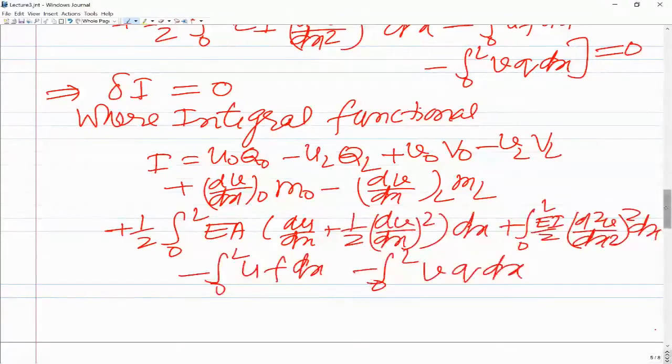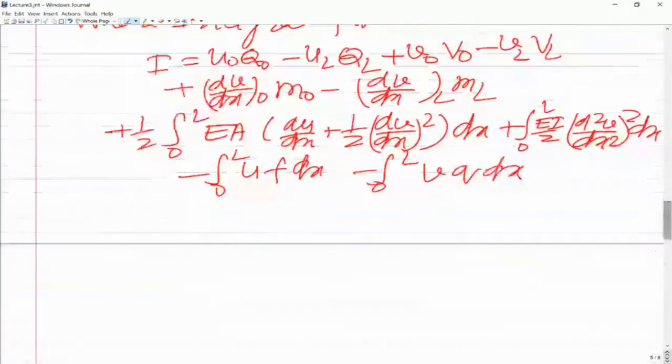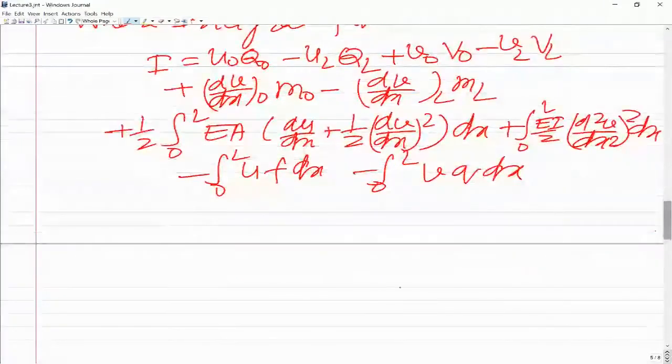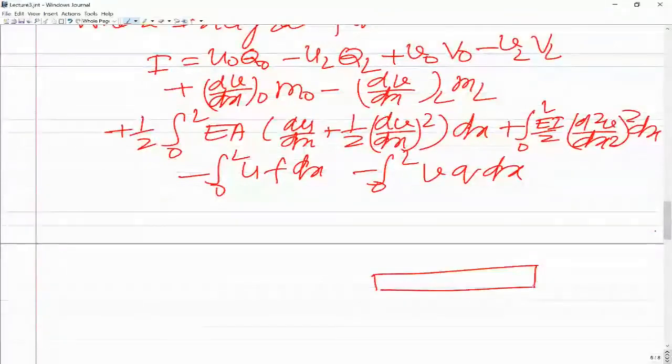And now if you want to look at the physical interpretation of the various terms, if you look at the beam, let me write these forces.